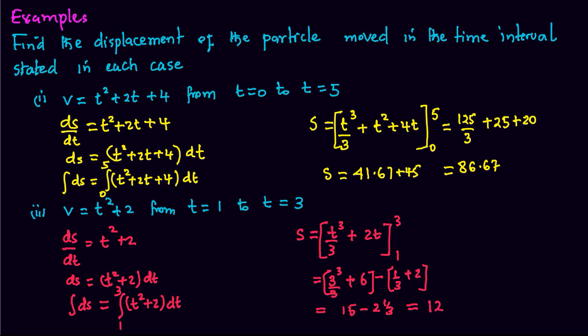This is 12.67. Assuming velocity is in meters per second, we can let time be in seconds, so displacement will therefore be in meters in each case.